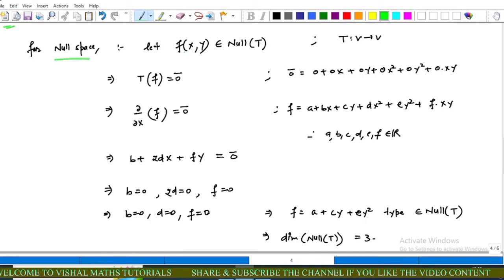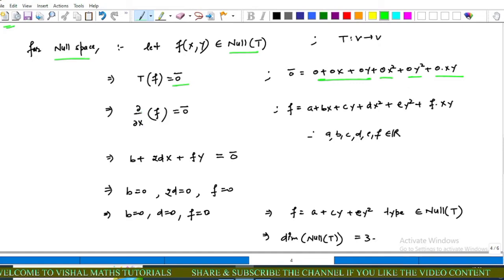We know that if a polynomial f belongs to the null space of T, this implies that T(f) = 0 element. For this vector space, the 0 element means 0 + 0x + 0y + 0x² + 0y² + 0xy. And in this question, T = ∂/∂x.